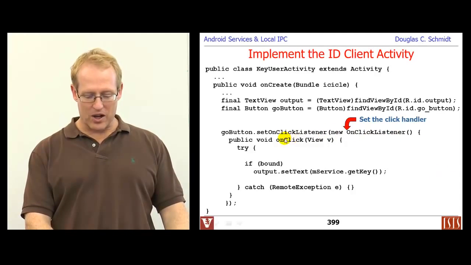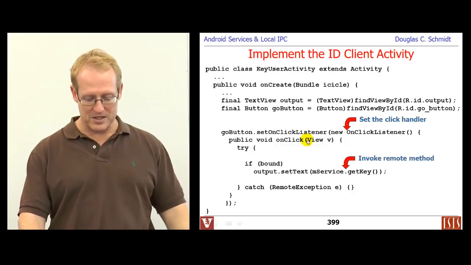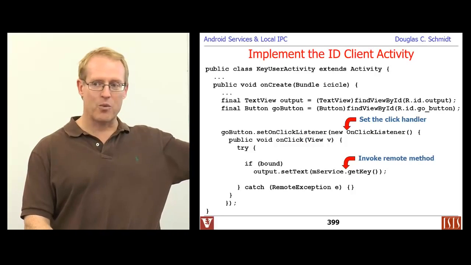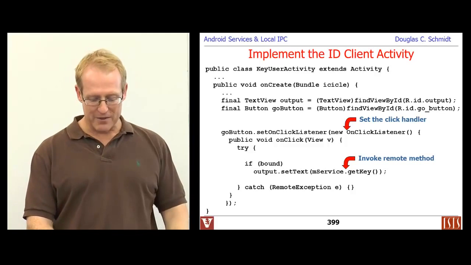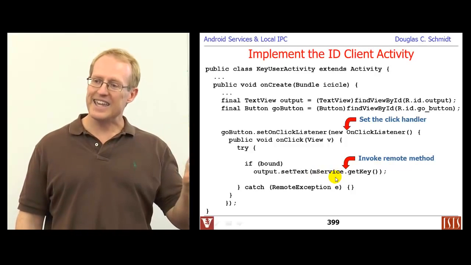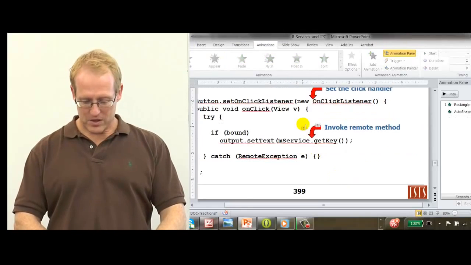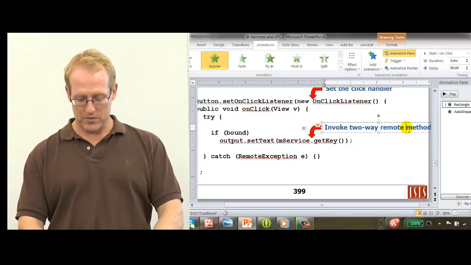And you can see that the onClick method, which is part of this click handler that we're creating and setting, is going to check when it's called. When you click, when you say, I want to generate a new ID, it goes ahead and checks to see if we're bound. And if we're bound, it goes ahead and says mservice.getKey. And that's what triggers that two-way call. So it actually invokes the two-way remote call.